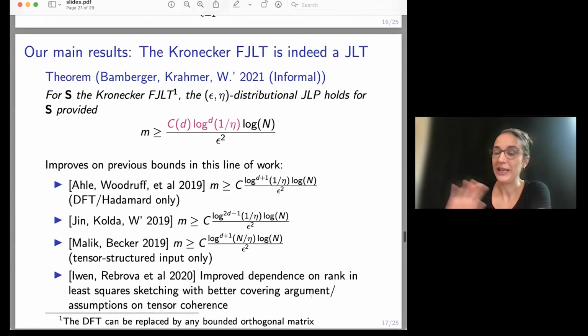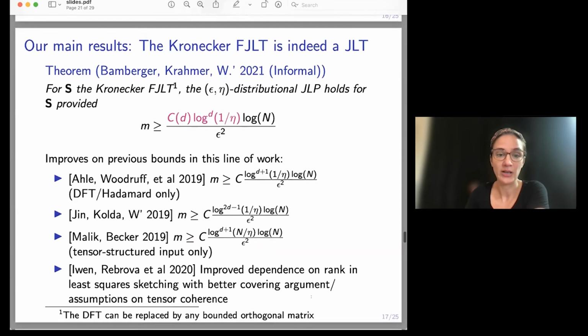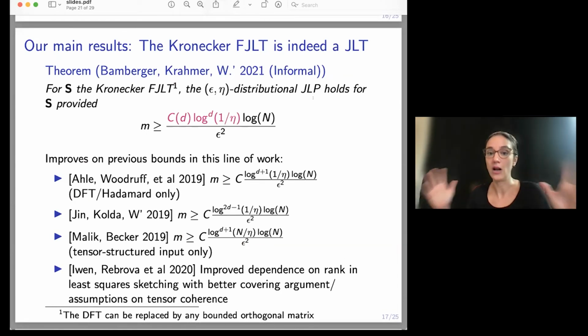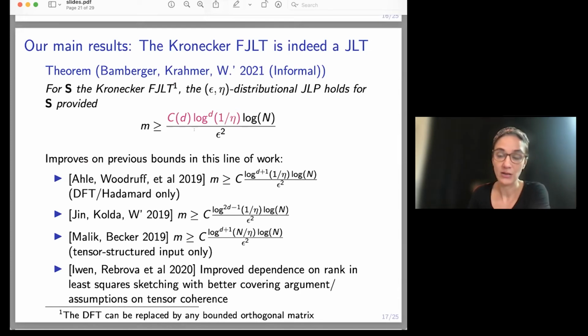I don't want to get too much into the technical part, so I just want to give you what we are able to show. This is informal because I'm hiding log factors, hopefully just keeping the honest true dependence here.